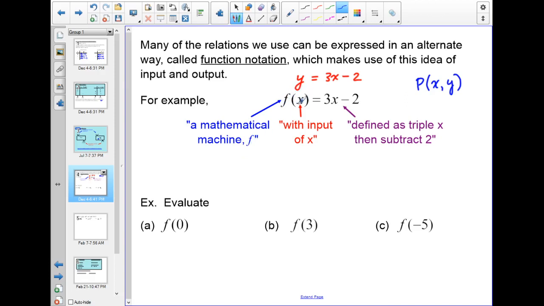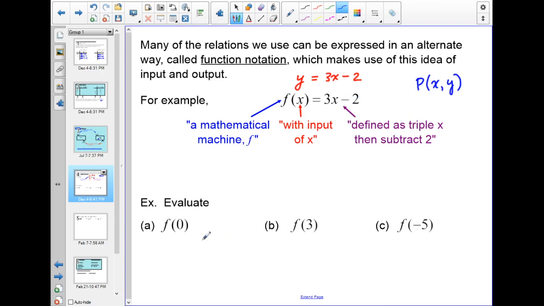What is it you are feeding into the machine? And then on the right side, you've got the definition of the rule. So here we have a mathematical machine called f, which uses the independent variable x as its input, is going to modify that input in the following way. It's going to take that input, triple it or multiply it by 3, and then subtract 2 from the result.